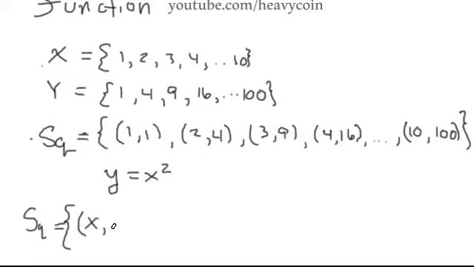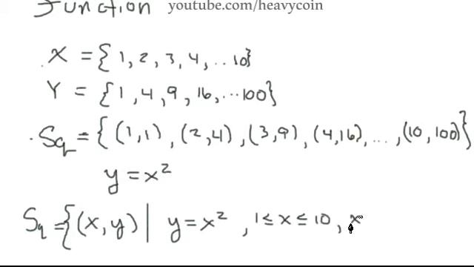We're going to have the set of ordered pairs such that, this line right here means such that, this is what we're defining our relation, y is equal to x squared. And then this over here is going to be what's called our domain. Okay, now that's something that I haven't mentioned yet.